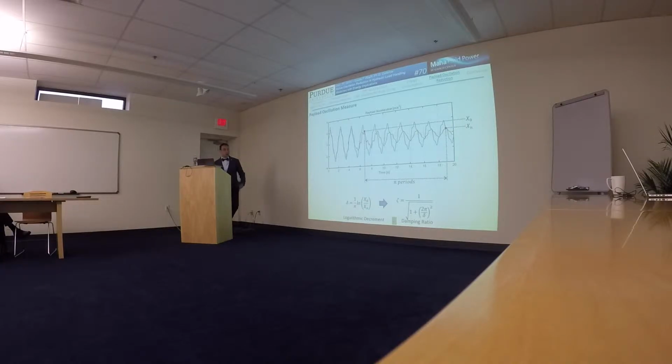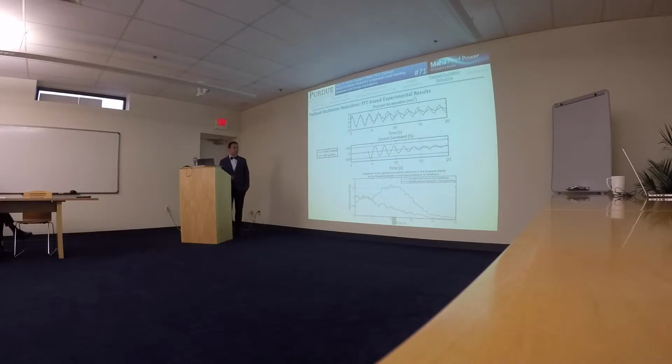This is a fairly commonly used technique to calculate damping ratio. I want to use this information just to estimate the effectiveness of the controller, so I will compare the equivalent damping ratio of the machine without controller and with controller.